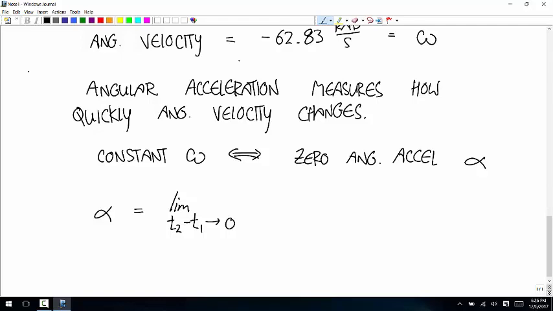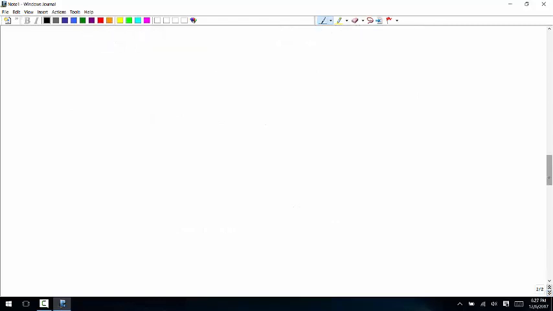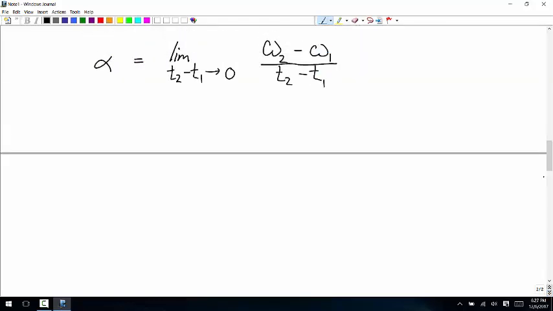So we did this early on in the class when we first talked about acceleration, this was the velocity at instant 2 minus the velocity at instant 1 divided by t2 minus t1. And it works just the same, except now these are the angular velocities. So angular velocity at instant 2 minus angular velocity at instant 1 divided by t2 minus t1.